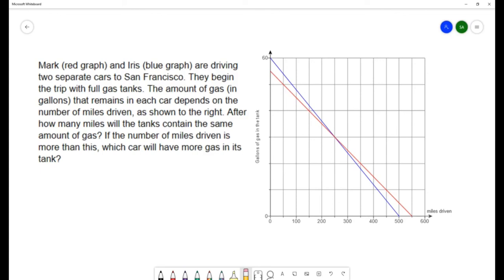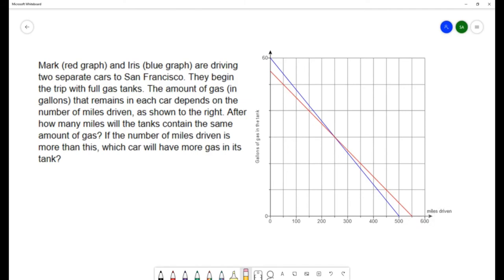So let's take a look at the graph and make sure we understand it first. So we see on the right-hand side that the scale is labeled miles driven, and we've got 0 to 600. So this scale goes from 0 miles to 600 miles driven.